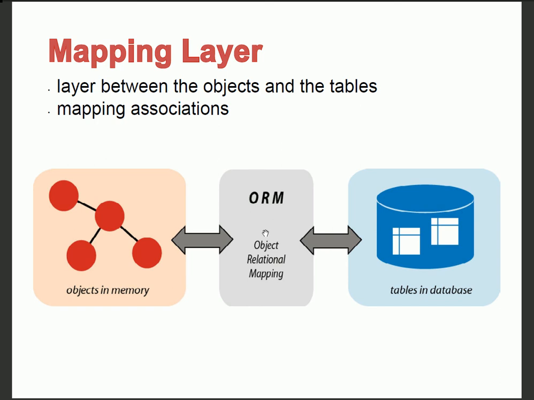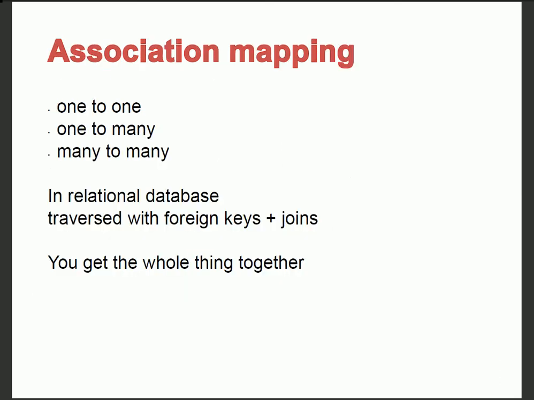So you can map all kinds of associations, like one-to-one, for instance a customer and his shopping cart. You can have a one-to-many relationship, for instance a customer that has multiple addresses, and many-to-many relationships. They're also very common, and they're the most difficult.